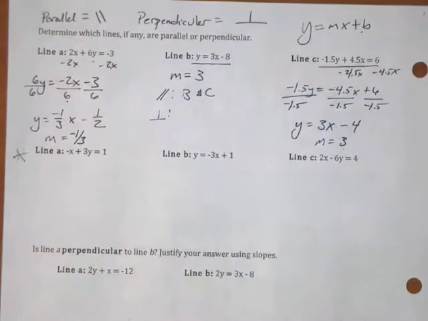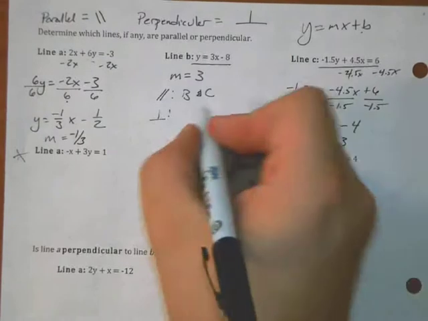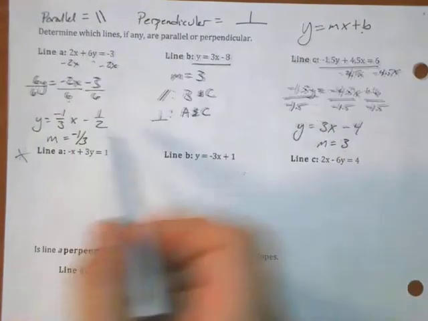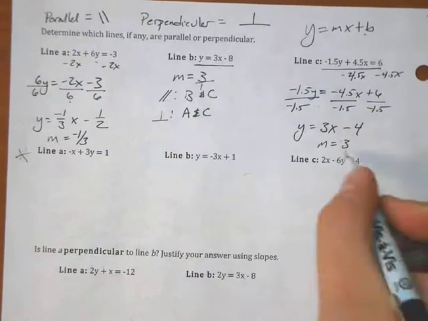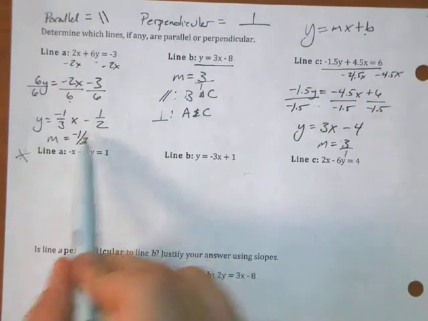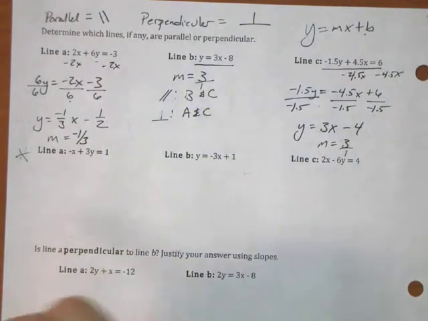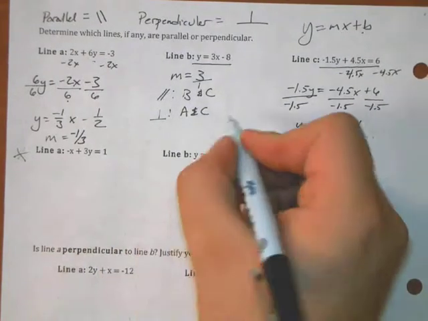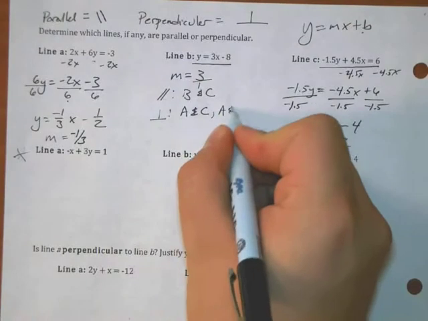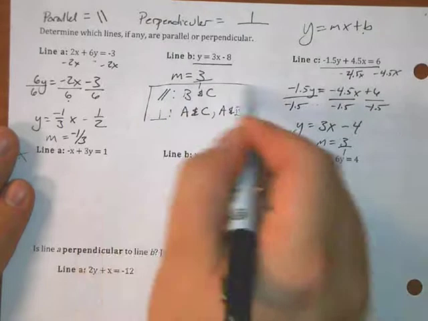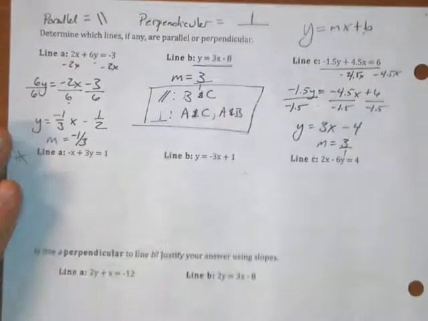Okay, what's a pair of perpendicular lines that we have? A and C. Notice that if you wrote these as like 3 over 1, you flip and change the sign. So A and C are most certainly perpendicular. Do we have any other pairs? A and B are also most certainly perpendicular. Okay.